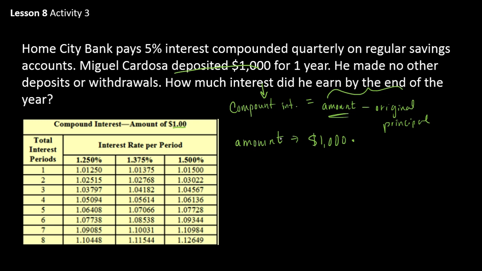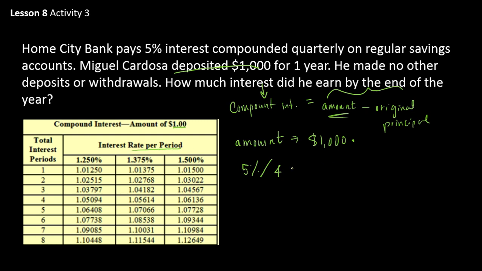or 5% compounded quarterly. Okay, so if we have 5% compounded quarterly, it's compounded 4 times a year. So I take my 5% and I divide by 4 to find the interest rate per period.